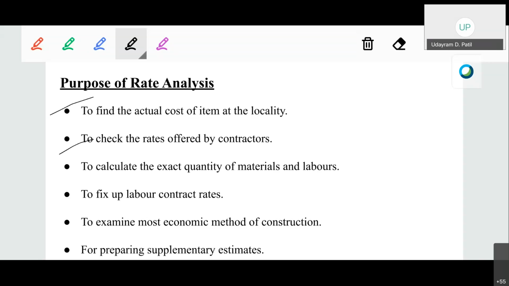So to evaluate that contractor rate, the DSR मध्ये जो काही rate होता concrete construction चा, RCC construction, that was 8,000 rupees. आता आपल्याला माहिती आहे की locally that rate is less than 8,000 rupees, so the contractor is going to bid for a lower rate. Suppose he expressed the rate as 7,000 rupees, but locally, as an engineer, I want to calculate the actual rate so that I will select the perfect candidate.